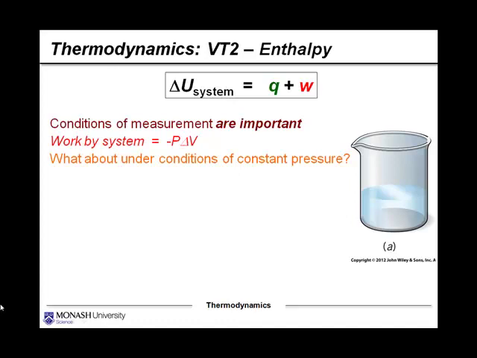So atmospheric pressure is pretty much constant. It changes a tiny bit as per the hectopascal readings by the weather person on the nightly news. But generally speaking, atmospheric pressure is pretty constant, right? So delta U of the system equals Q minus P delta V. We saw that in one of the previous slides.